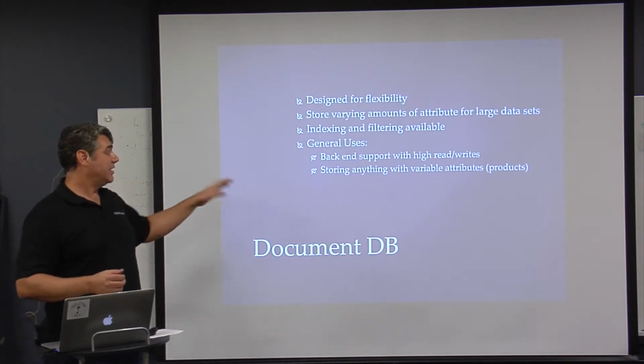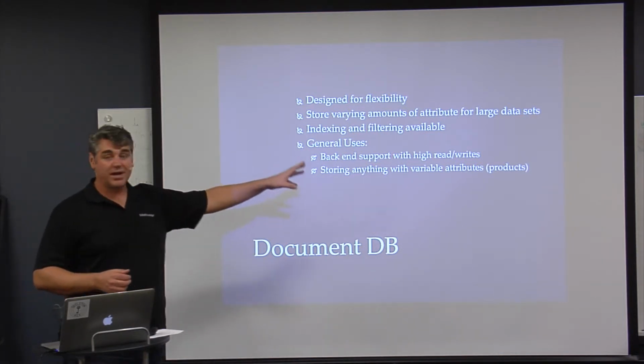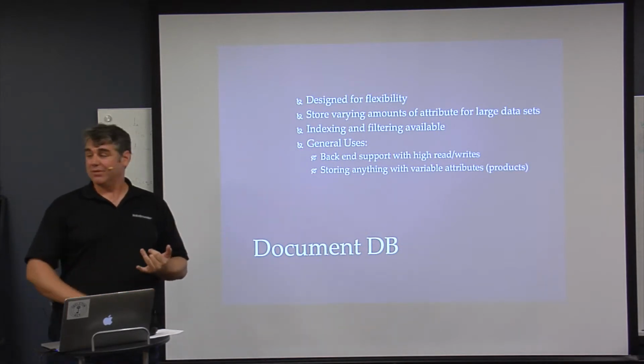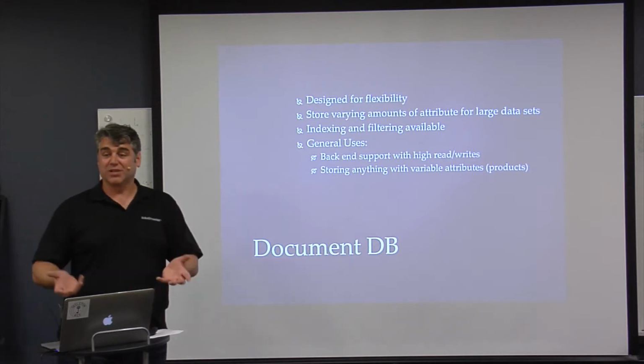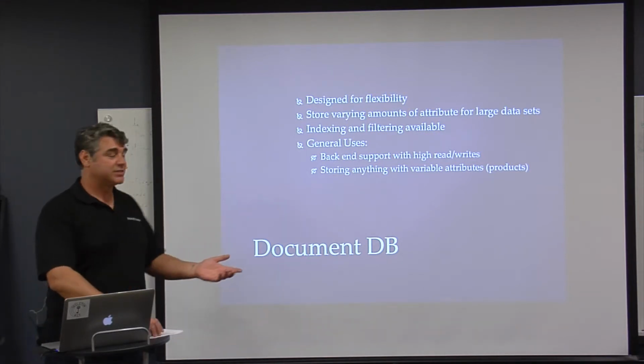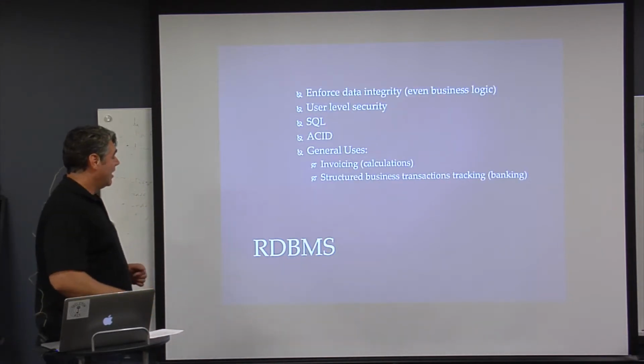And basically anything with variable attributes, like I said, products. Is it an apple? Is it a chair? Very different attributes, but they're both products that you would like to sell, or that Amazon is trying to sell to us right now.